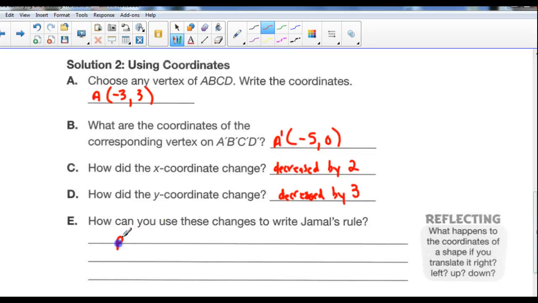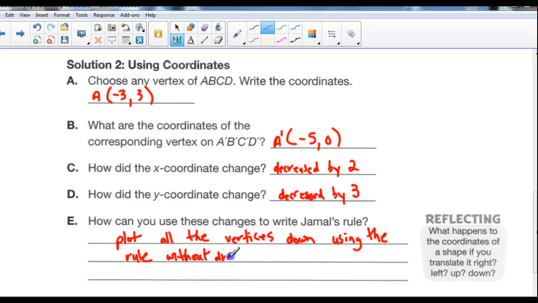Well, you can just plot all the vertices down using the rule without drawing it.